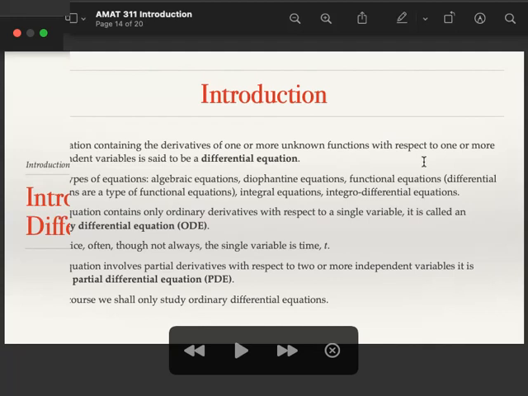And there are many other types of equations that you have encountered so far. So for example, quadratic equations are algebraic equations. For example, x squared plus 2x plus 7 is a quadratic expression, and the equation is an algebraic equation.